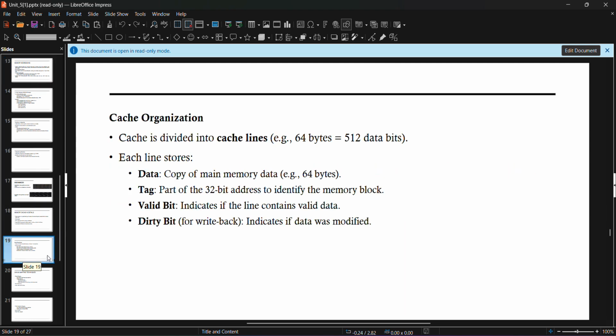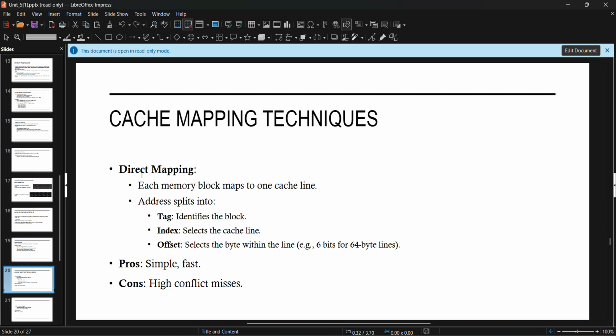So let's go back to the caching techniques. The cache splits the address into three: the tag, the index, and the offset, and each has a role to play in caching techniques.